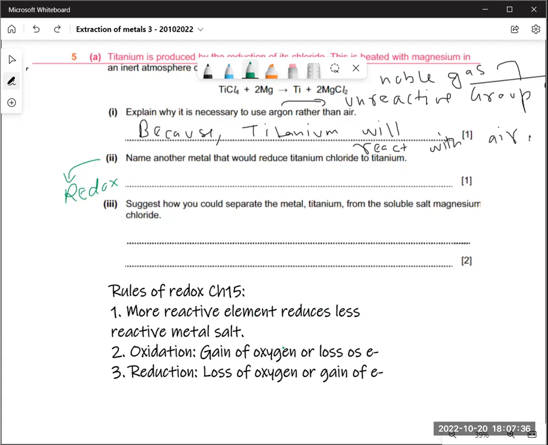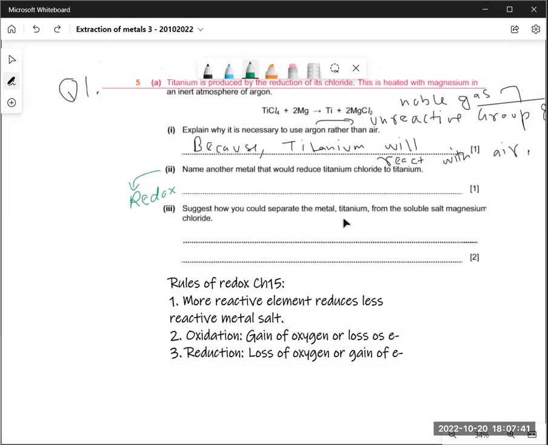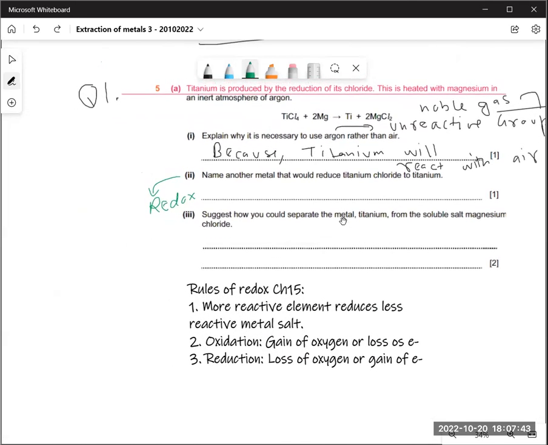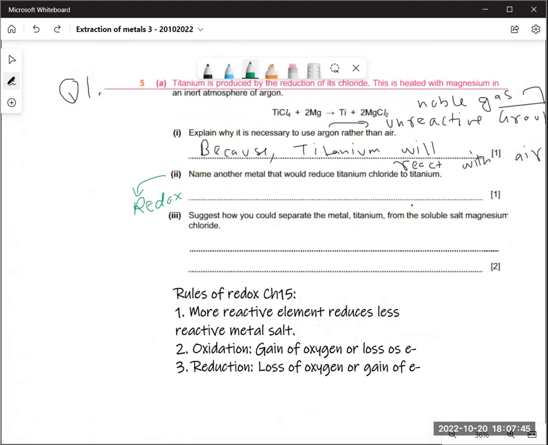So does this mean that we have to use a metal that's more reactive than titanium? Yes. So name any metal which you think is very reactive. Zirconium?